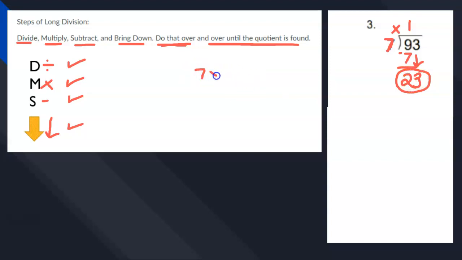So I know 7 times 2 is 14, but I think I can get closer to 23. 7 times 3 equals 21. That's pretty close. Can I get any closer? 7 times 4 is 28.